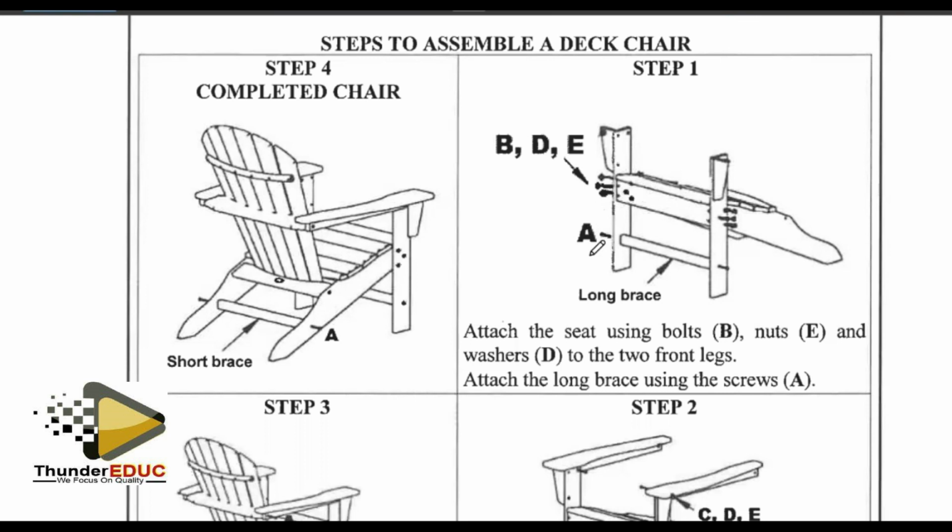They are saying part A. Step 1 says attach the seat using bolts, which is B, nuts E, and washer D to the two front legs.